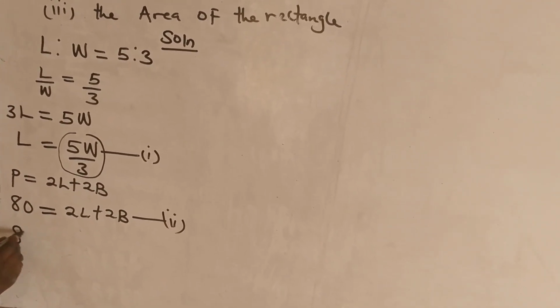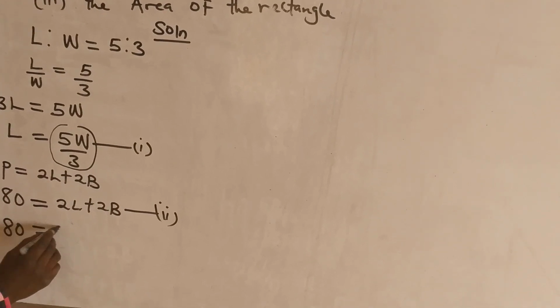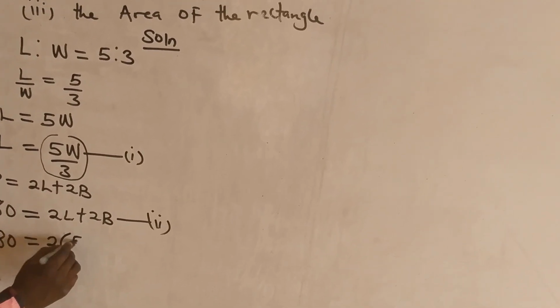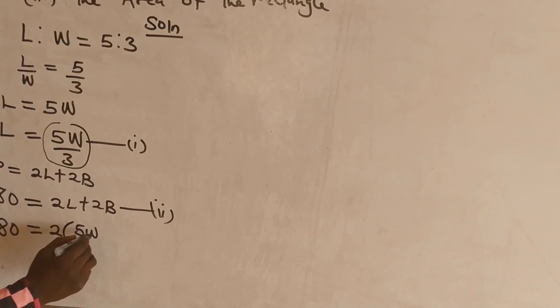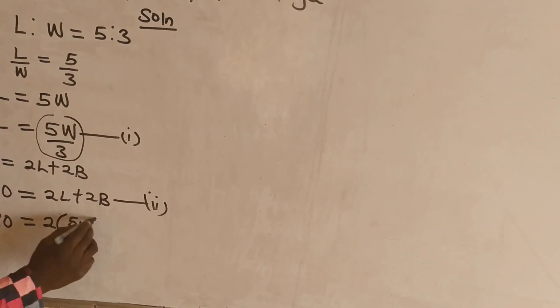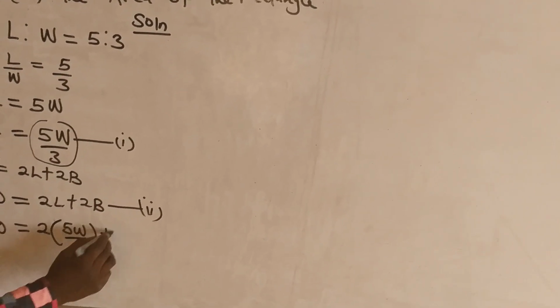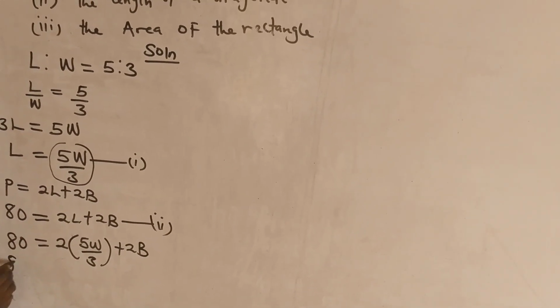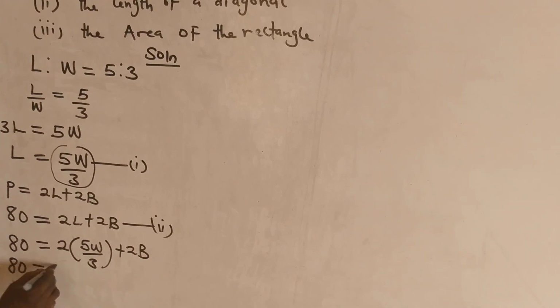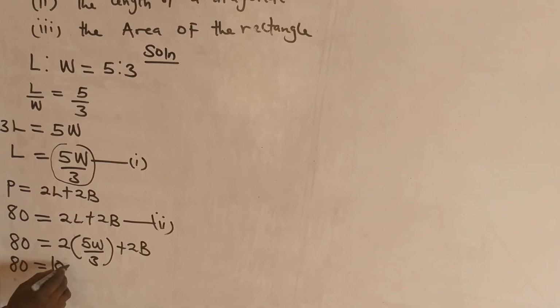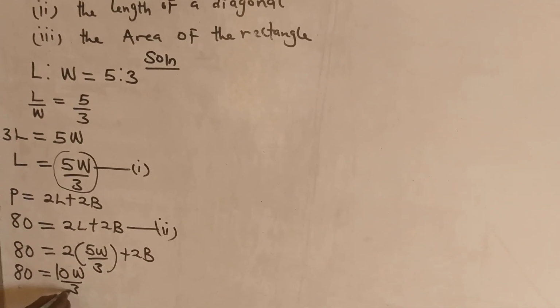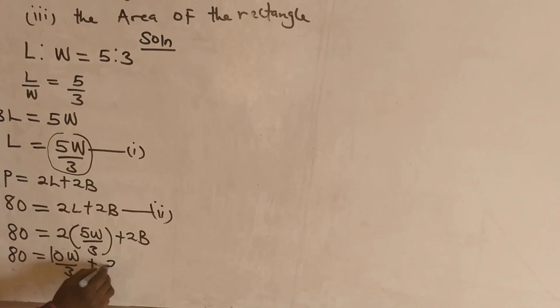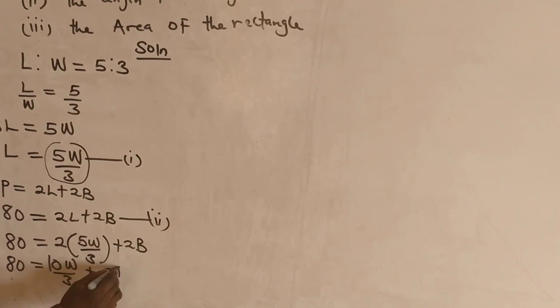So here you have 80 equals 2 open bracket 5W over 3, close bracket, plus 2B. If you continue like that, you have 80 equals 10W over 3 plus 2B.